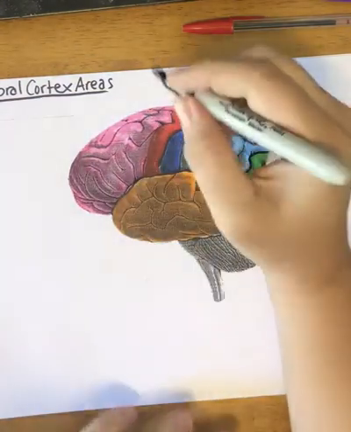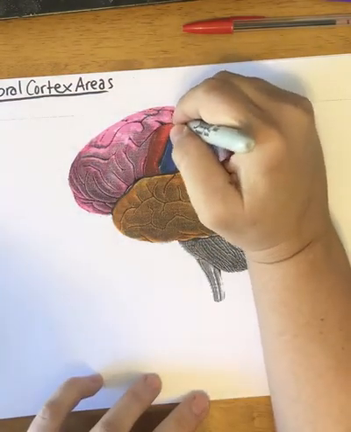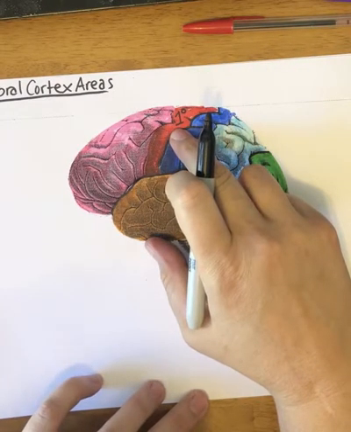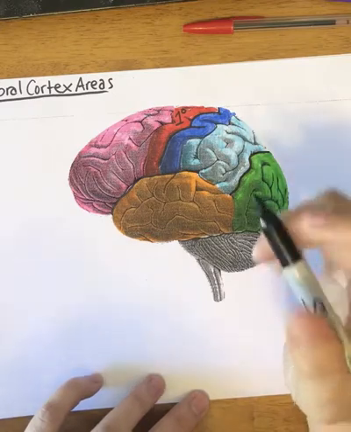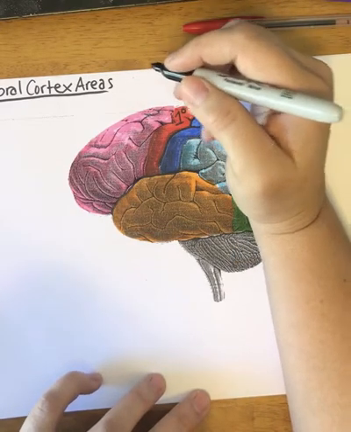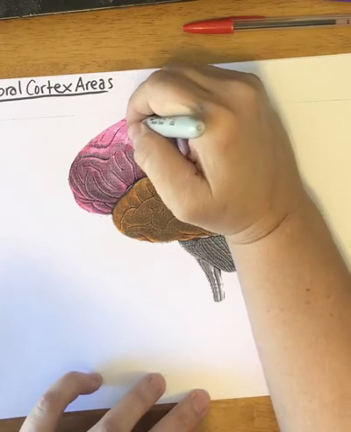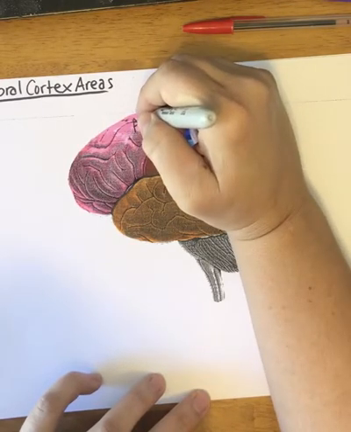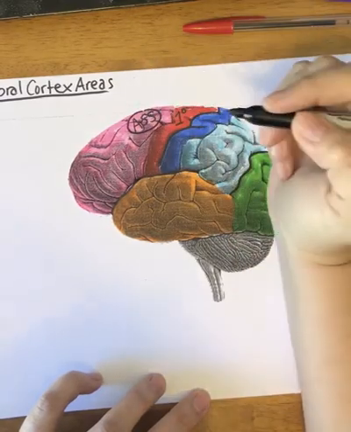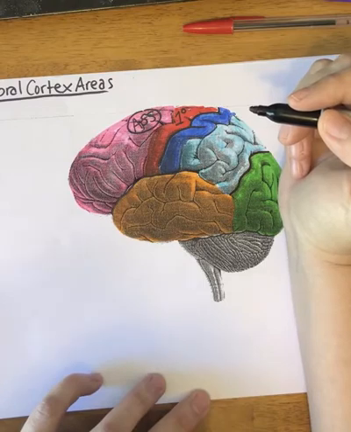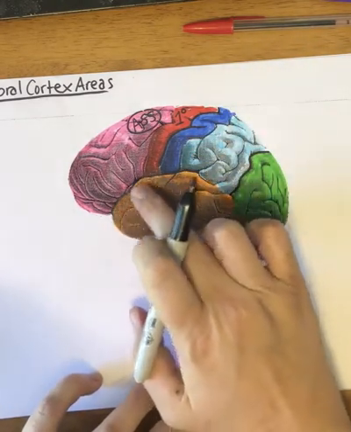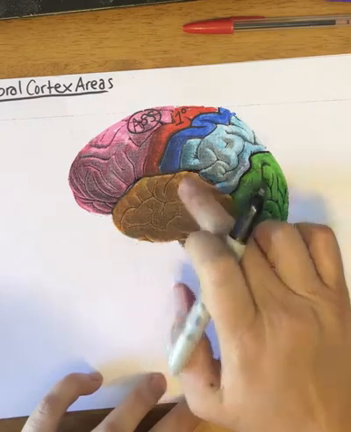Your primary motor cortex is going to be located in your precentral gyri. Now, the next one is your primary motor association cortex. That is going to be right in front of your primary motor cortex. So again, I just write association, but we know the frontal lobe is involved with motor. Now, along the temporal lobes, we have our lateral fissure.